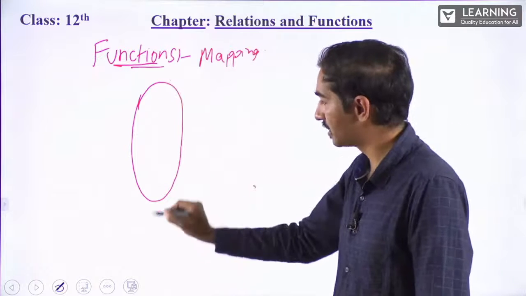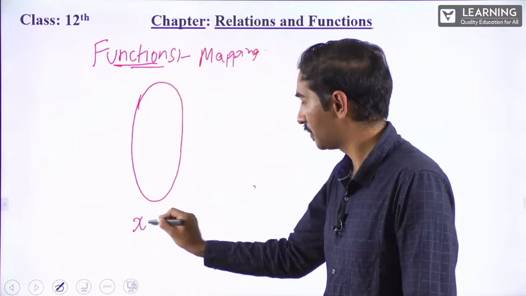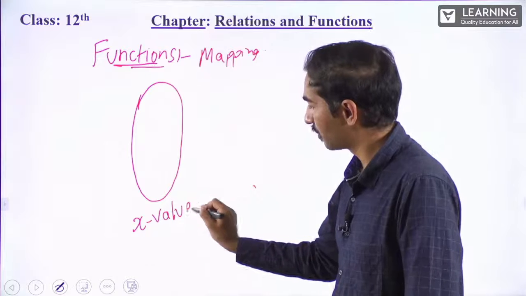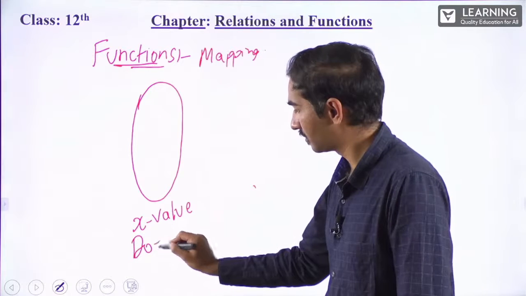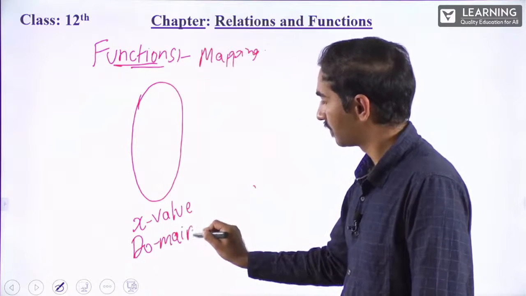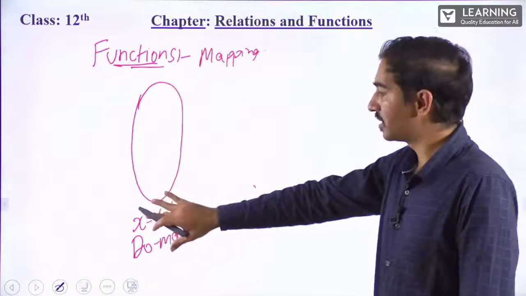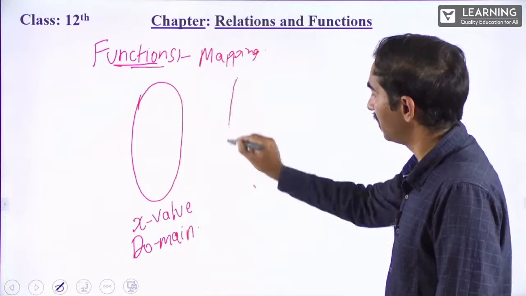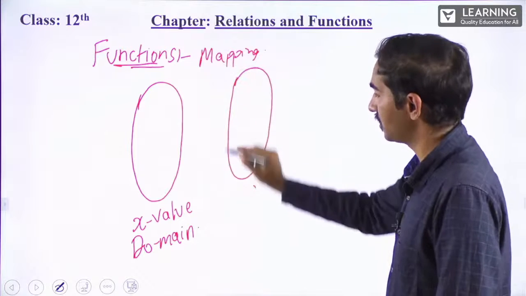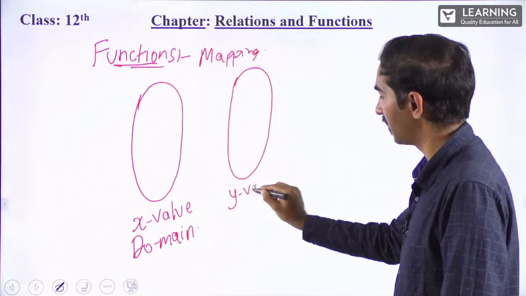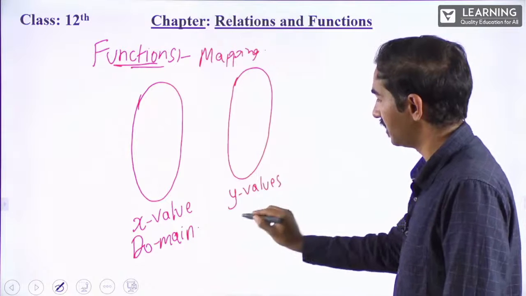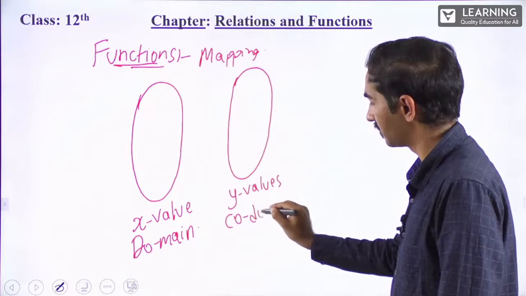All these are the set of x values. They are also called the domain. We'll be using all these terms in our next session, students, so this is just an introduction. On this side we'll have another set of values. These are nothing but y values, and these are called the codomain.